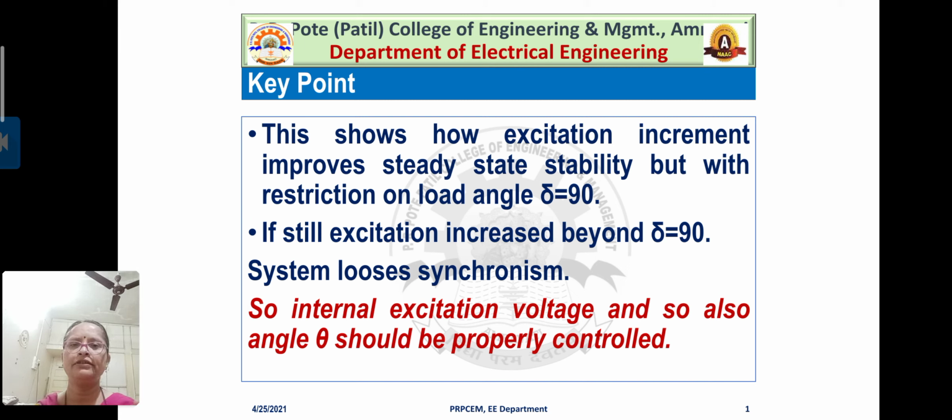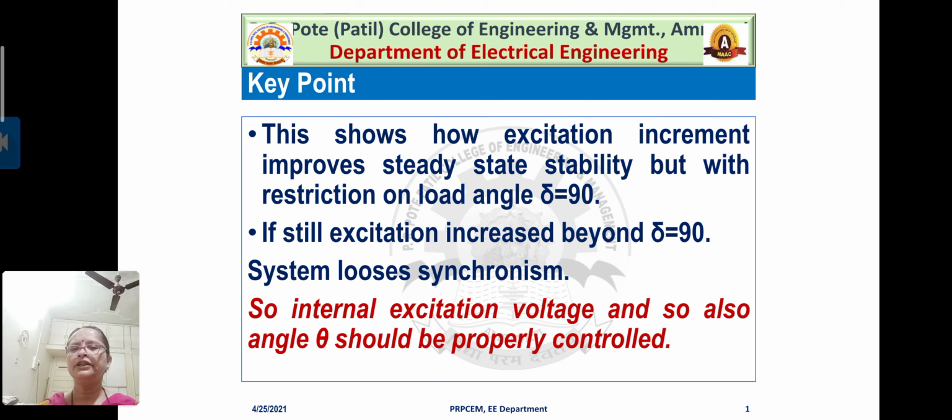And we know that for the steady state stability limit, delta should always be less than or equal to 90 degrees. Otherwise, the system loses synchronism.